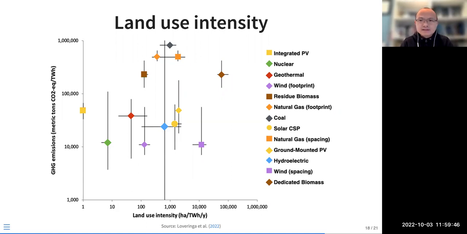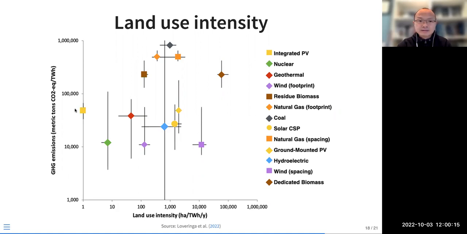And the greenhouse gas is mostly from the fossil plants such as coal plants and oil and natural gas plants, and nuclear, which has probably lower carbon footprint and land use footprint.